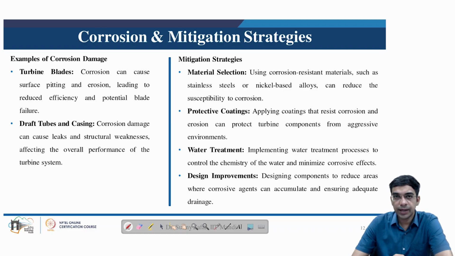Water treatment may be another strategy implemented to control the chemistry of water and minimize corrosive effects. The fourth strategy can be design improvements, where designing the components may reduce areas where corrosive agents may accumulate, ensuring adequate drainage. So material selection, where we have just discussed the utilization of stainless steels.